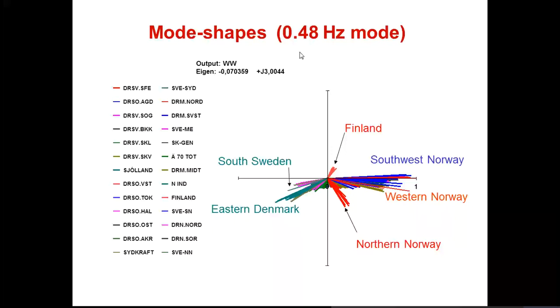So you have this mode being observed in Denmark as well, south of Sweden, north of Norway, western Norway, southeast Norway, and even some generators in Finland as well. So this mode is observed across all the generators in the network. That is very complex behavior in the system.